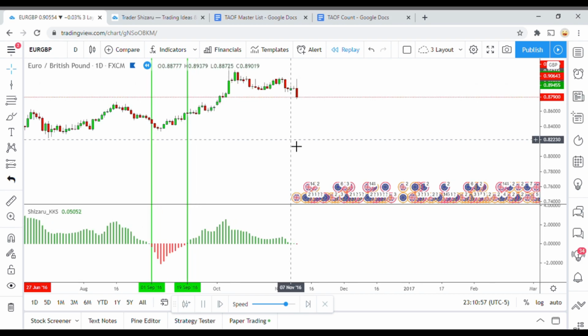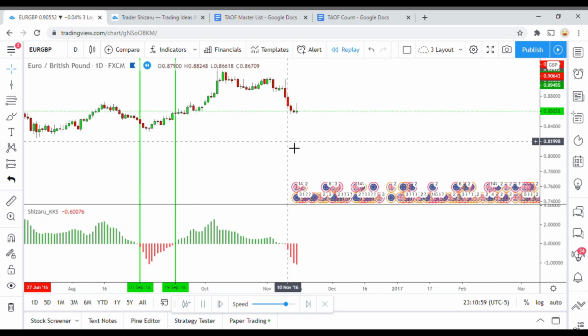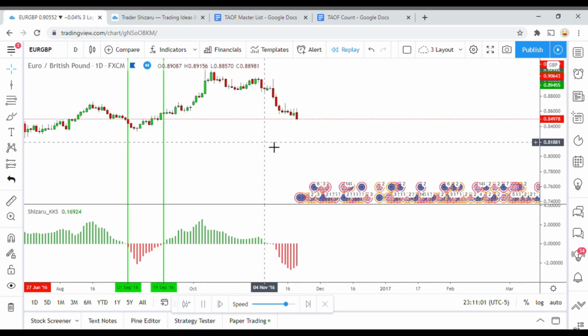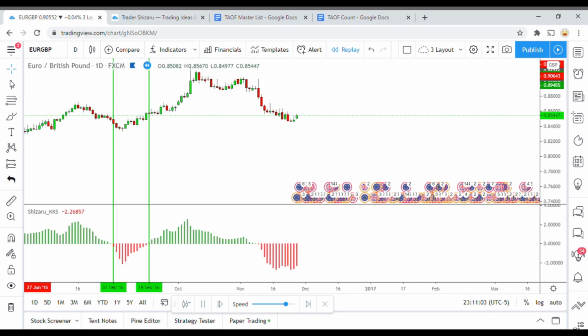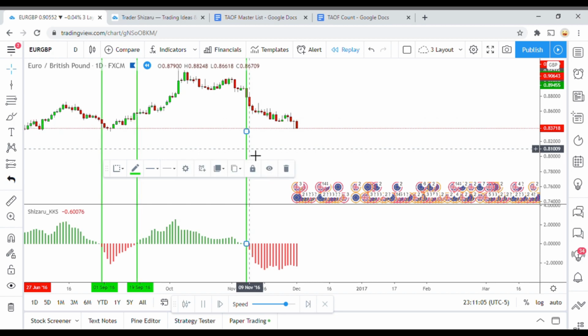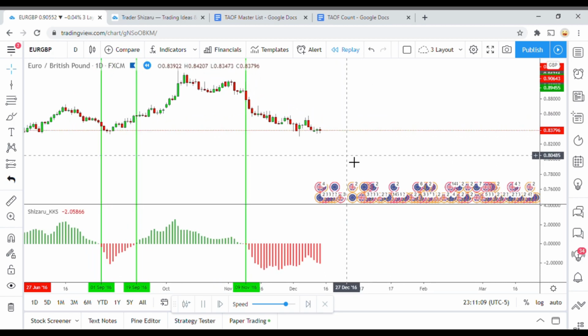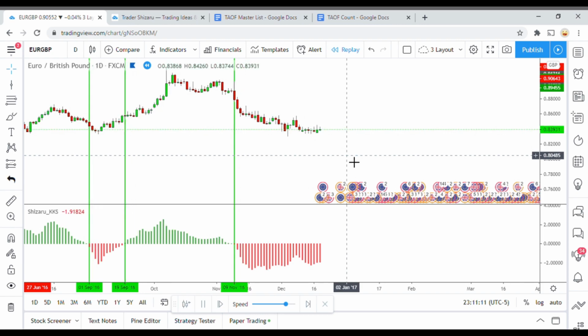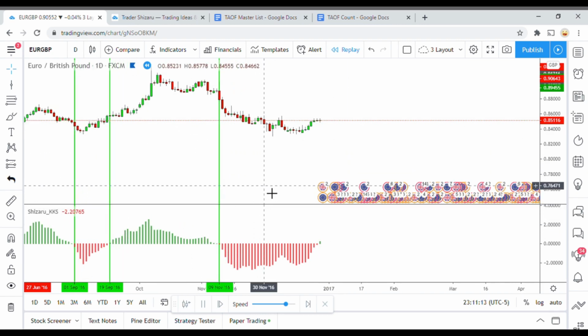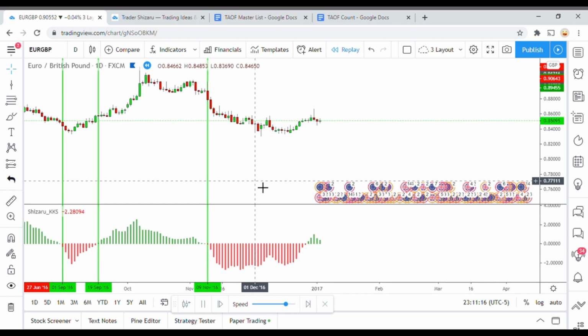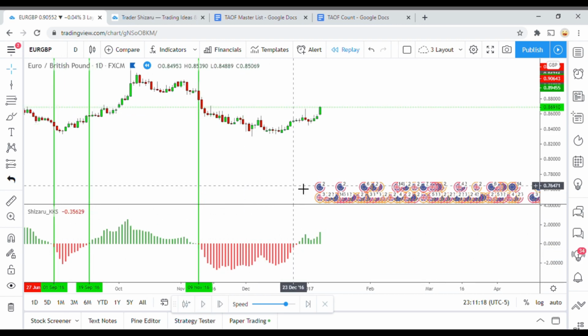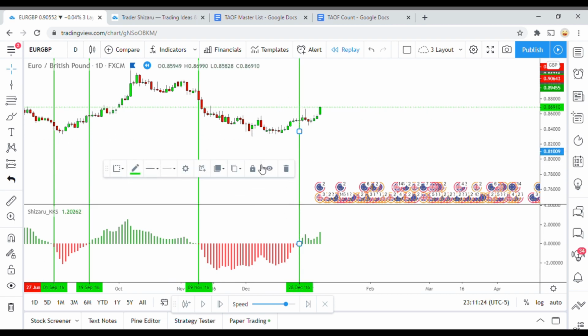And it's still moving along. Pick up a short over here. That one got us to take profit. Close to the end of the year. Let's see, we pick up one more long right there. That one also got us to take profit.